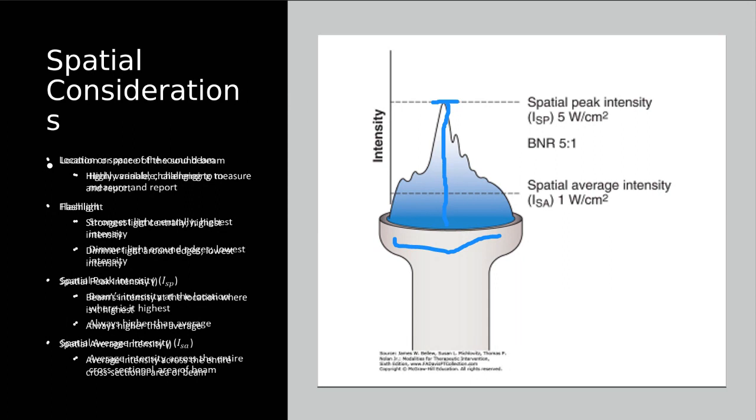But when we're looking at the average, right? So what is that average value of that sound beam? We're taking into consideration that cross section of the flashlight. So we're taking that highest intensity, the brightest central portion of our flashlight, but we are also taking in the dimmer rim light around all of it.